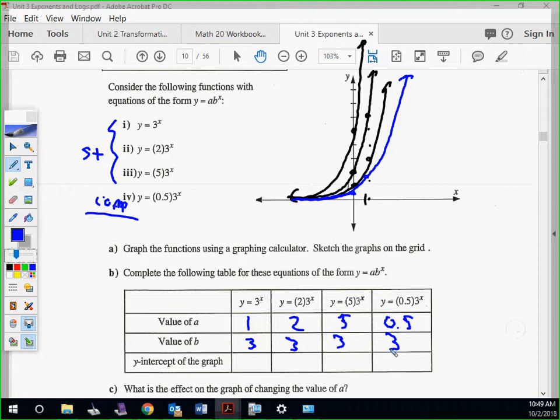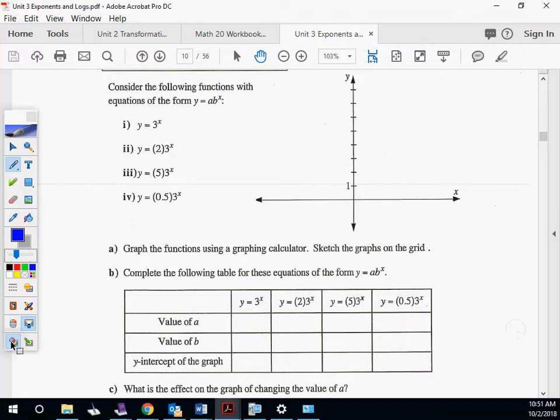And the y-intercepts for all of them: 1, 2, 5, 0.5. Okay, so what is the effect on the graph by changing the value of a? What does it do? It changes the y-intercept. Good. Good.